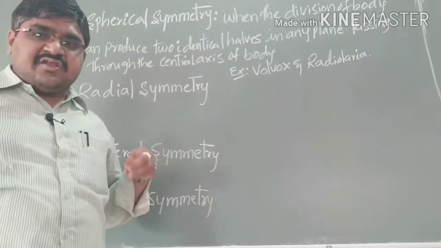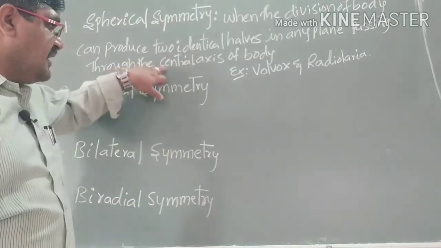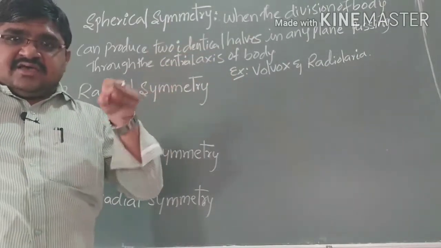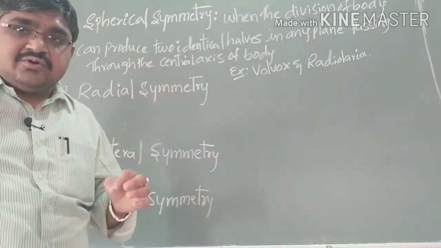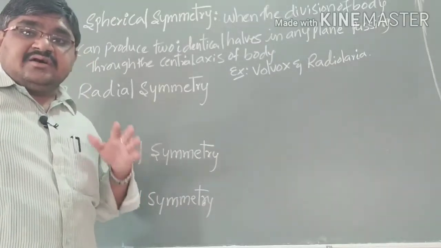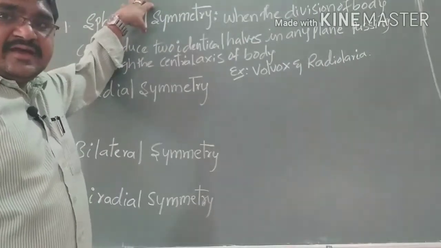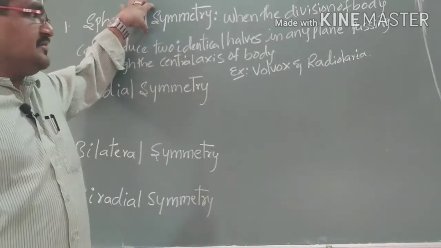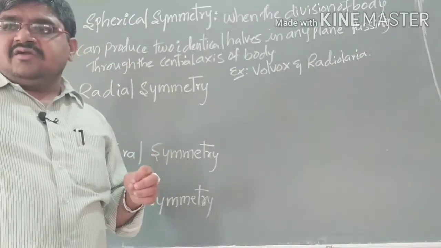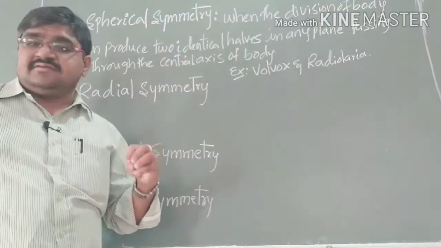In animals this is a rare condition. If passing through the center of the axis produces two identical halves, then we call such symmetry spherical symmetry, or otherwise universal symmetry.